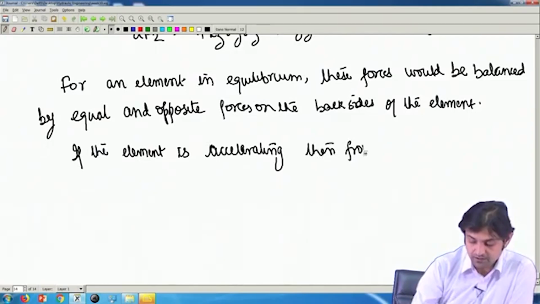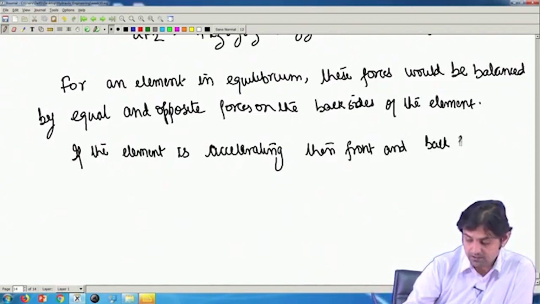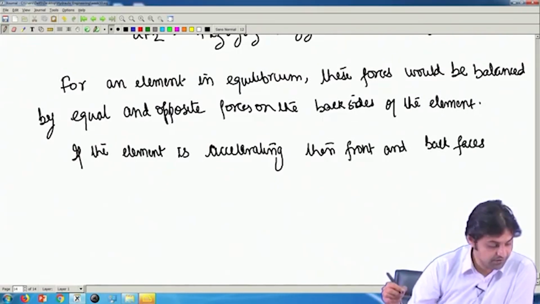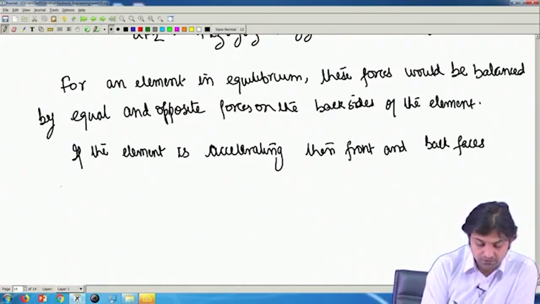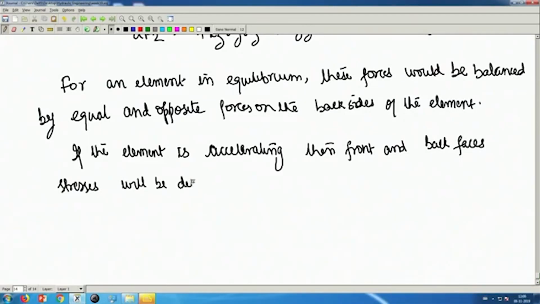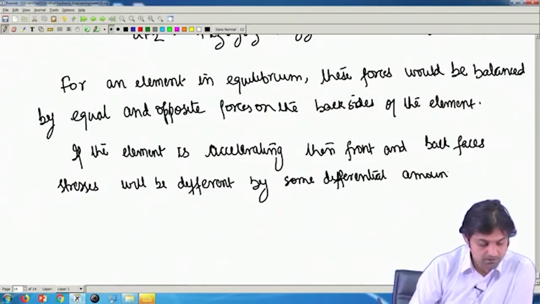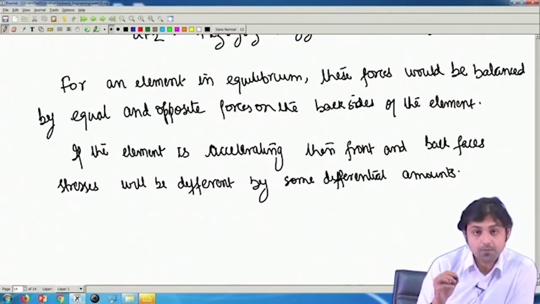Then the front and back face forces or stresses will be different by some differential amount, okay.